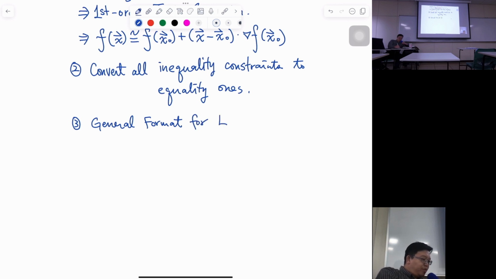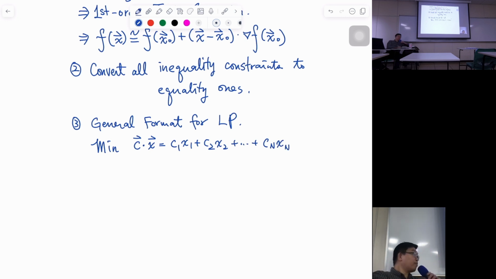Okay, so we have to solve the linear programming problem in the following form. Basically, C dot X, so C1x1 plus C2x2 plus and so on up to Cn xn.